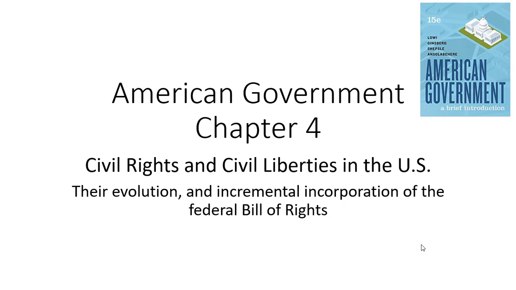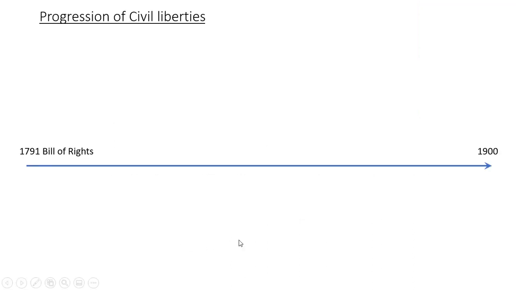So, much like the last chapter, what I want to do is use a timeline to talk about the progression of our civil liberties because it's taken an interesting turn and quite an evolution of progress in our history.